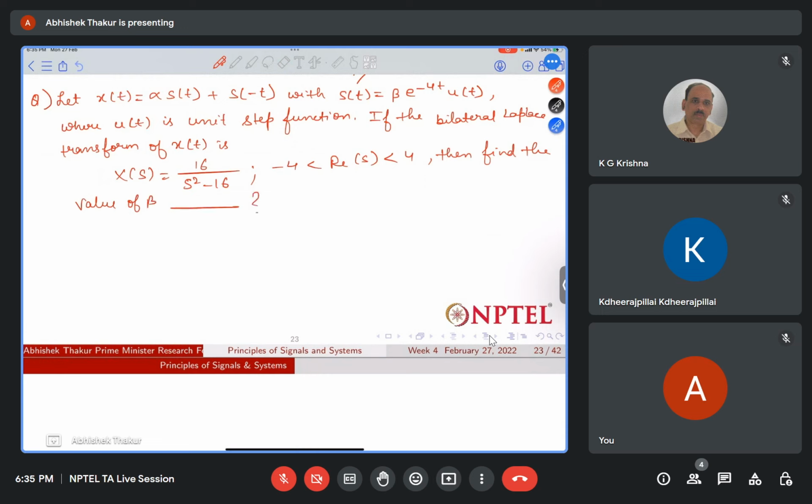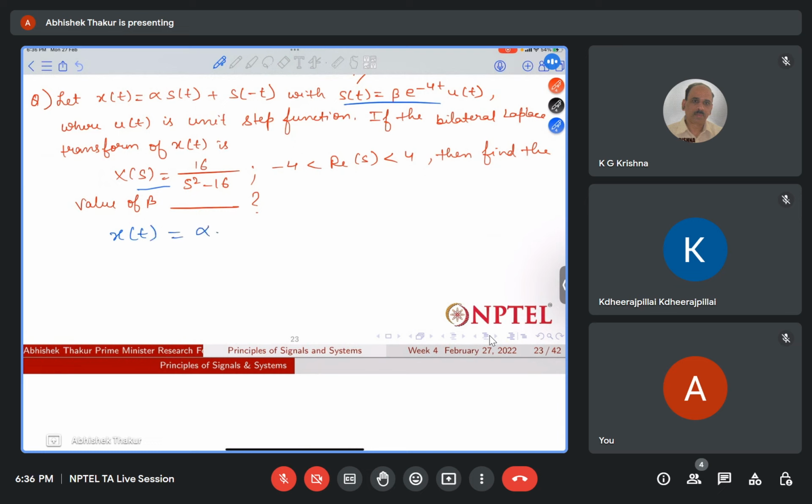So in this question, it is given x(t) is equal to alpha s(t) plus s of minus t. Here s(t) is separately given like this, where u(t) is the unit step function. If the bilateral Laplace transform of x(t) is 16 by s square minus 16, then we have to find the value of beta. So first we'll write x(t) and find the Laplace transform of it.